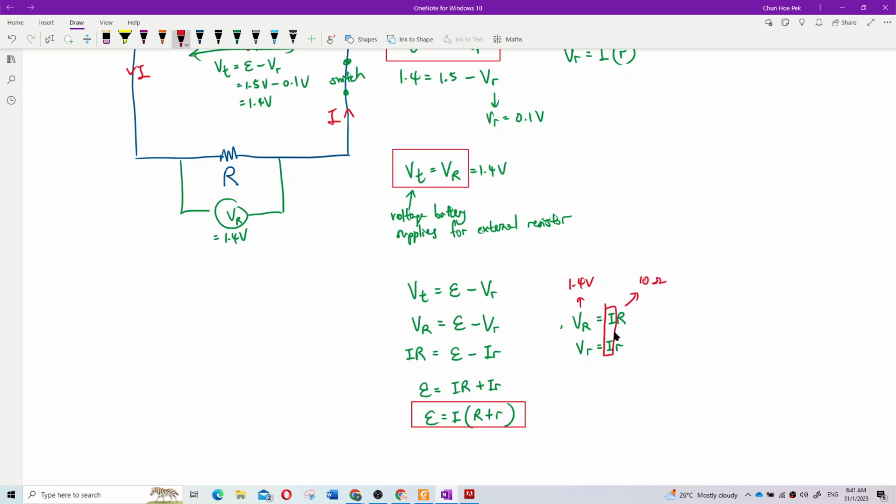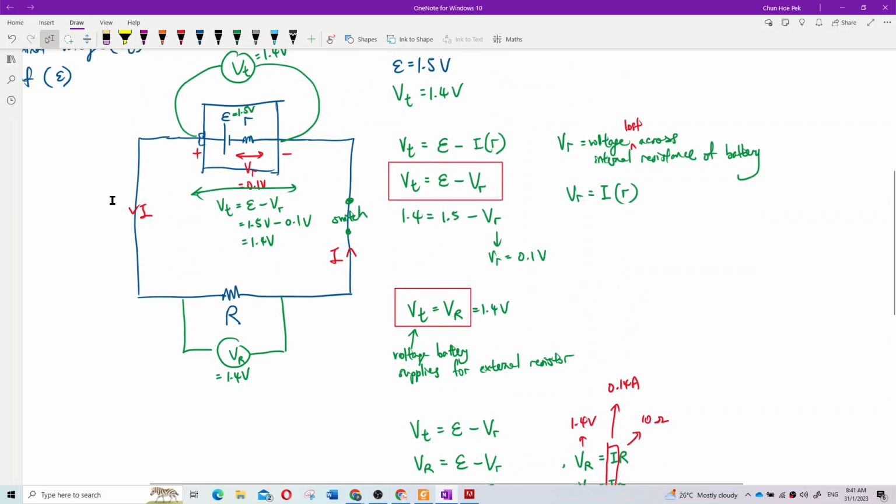So what's the current, class? Voltage across the external resistor divided by resistance, you get a current of 0.14 ampere. Correct, class? Yes, sir. You can get the current flow.